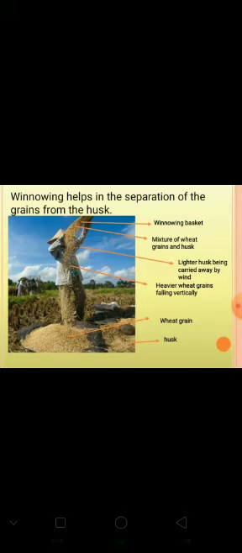When the grains are gently dropped to the ground from a height, the seed grains, being heavier, fall straight to the ground, while the lighter husks are blown a little away by the wind. So what do we get from here? We get seeds. Nowadays, winnowing is also done by a winnowing machine.